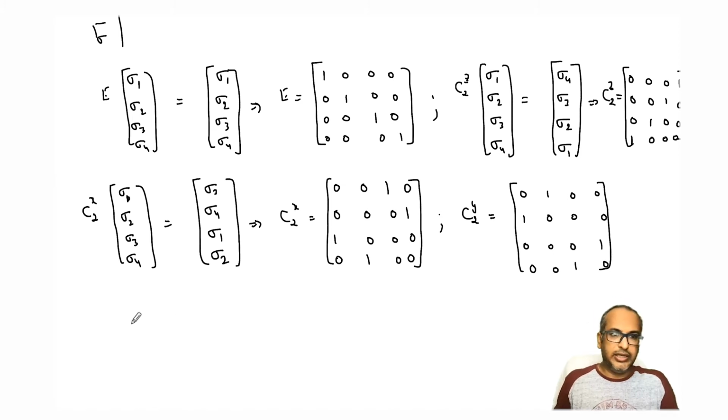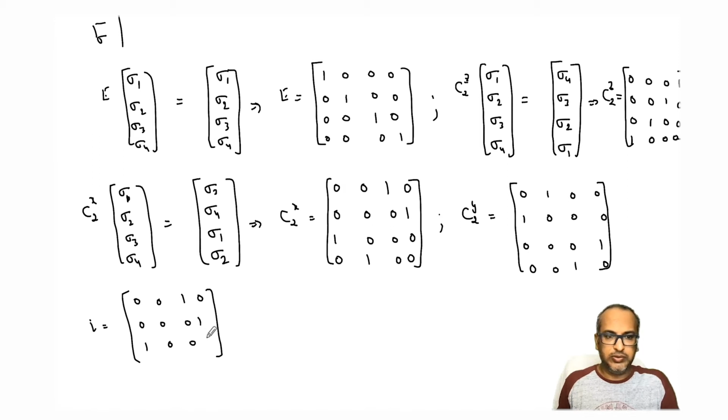Okay, and then for I, whatever is replaced with what, so you have 0 0 1 0, and you have 0 0 0 1, you have 1 0 0 0, and you have 0 1 0 0.